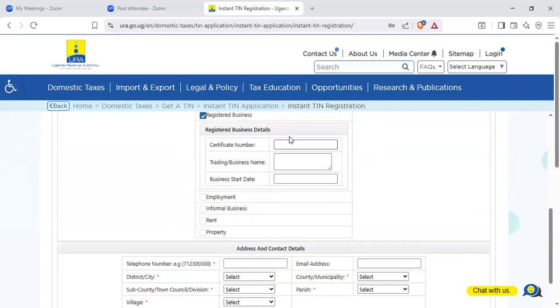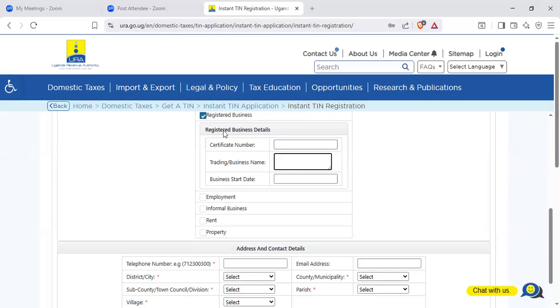Then it will bring up the details where you are going to put the certificate number and your trading name, because you will have the certificate with you from when the business started. All these things, the name of the business, you put your details.